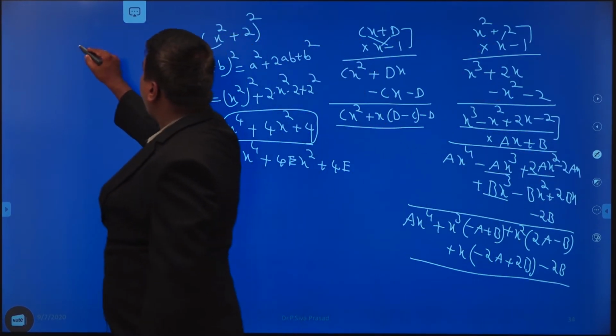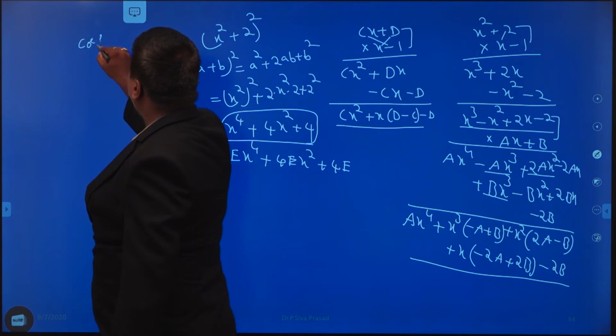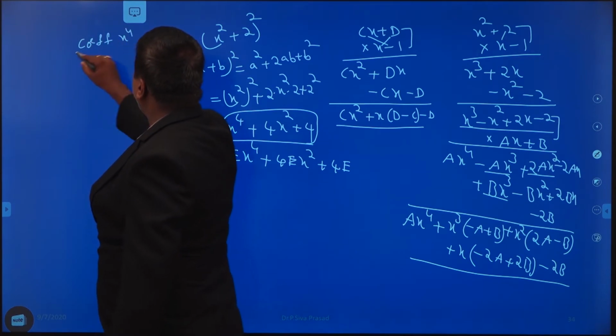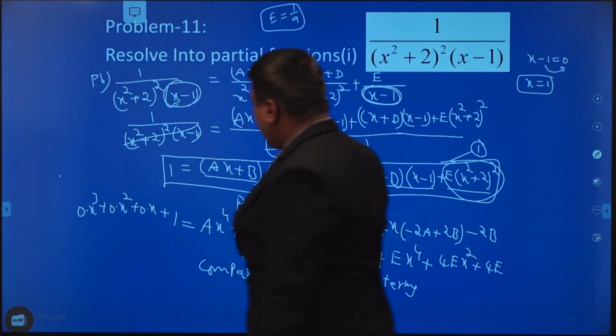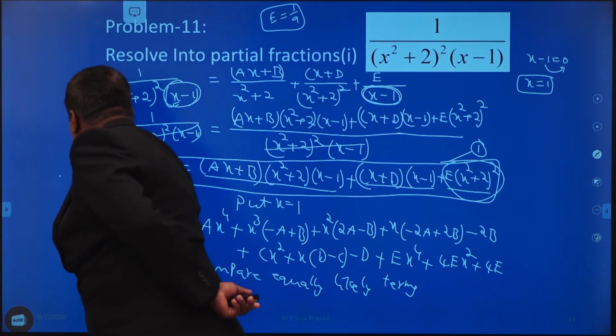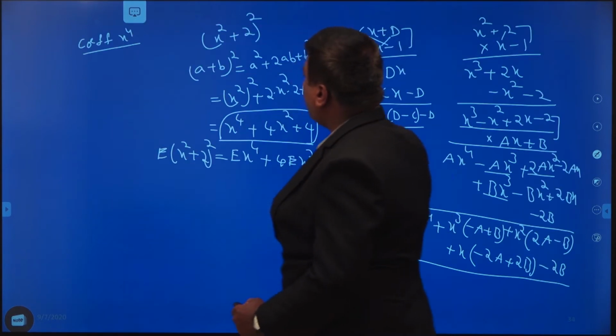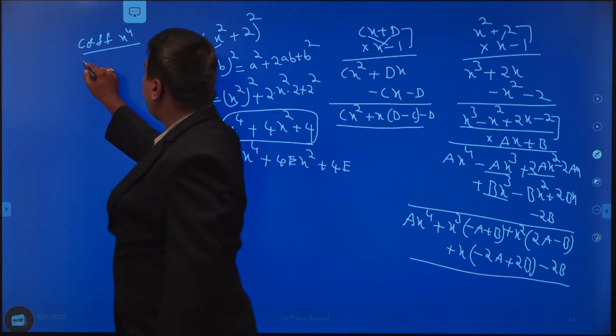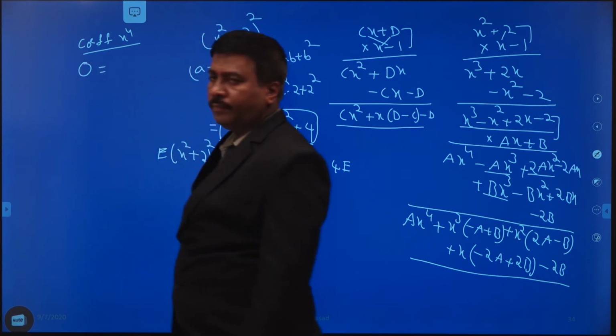So here I have to compare the coefficient of x to the power of 4. In the left hand side, that is plus 0 into x to the power of 4, so the coefficient value is 0.